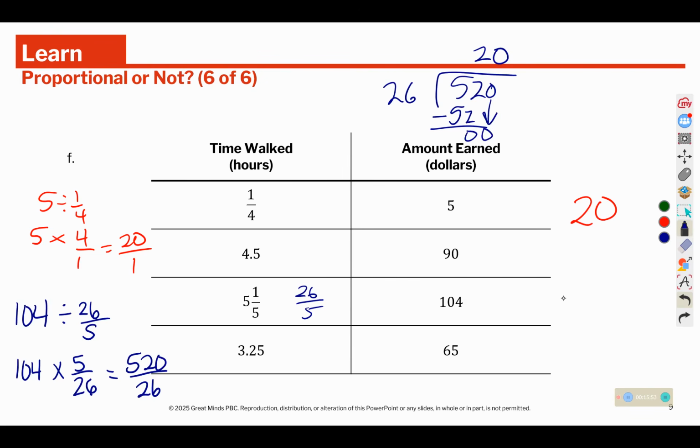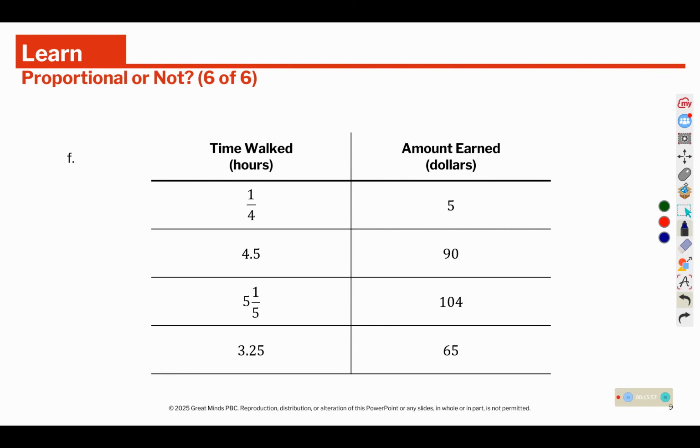So it does fit in 20 times. These have the same unit rate, so it is proportional. And we can say that they earn $20 for each hour walked.